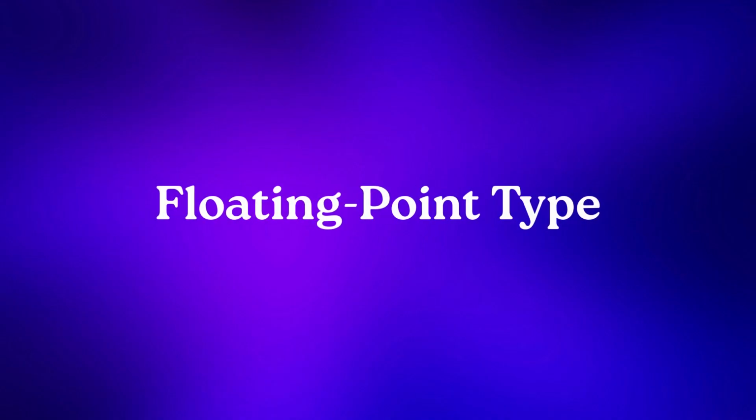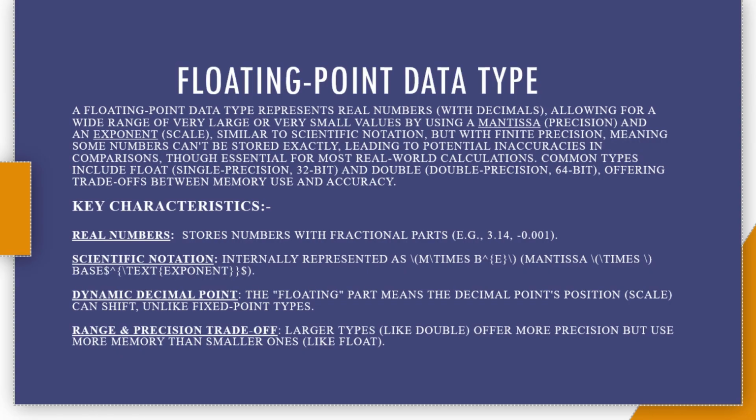Now we move on to the third category, which sacrifices this exactness for blazing fast performance: floating point types. A floating point data type is a fundamental computer format used to represent real numbers, that is, any number that includes a fractional or decimal part.